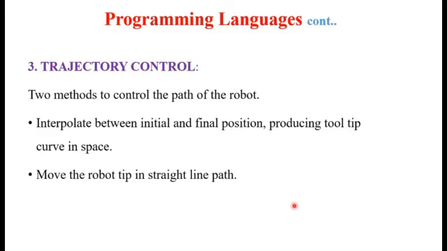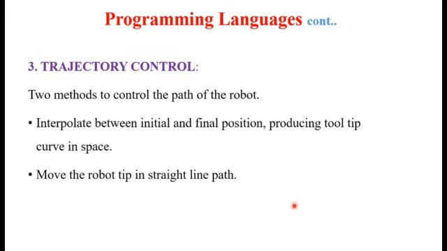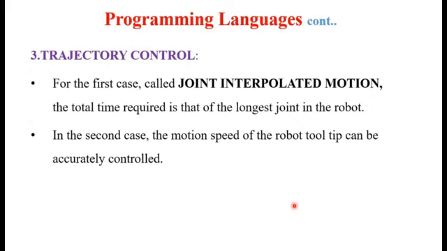So in this interpolation, we interpolate the initial and final position of the robot tool tip, and in the other case it must move in a straight line path. For the first case, from the initial position to the final position, joint interpolated motion is there.